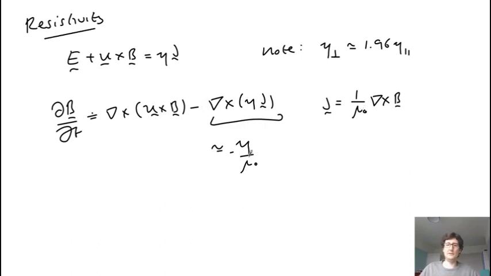The 1 over mu naught comes here, so we have 1 over mu naught, del squared B.